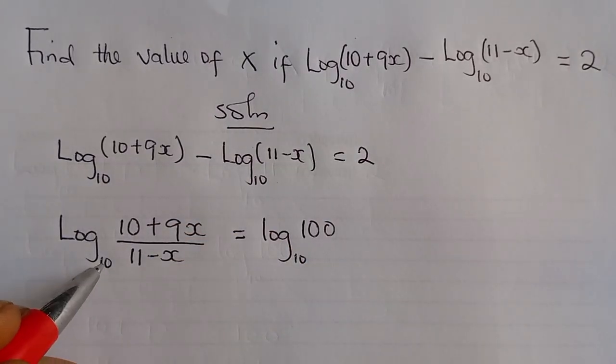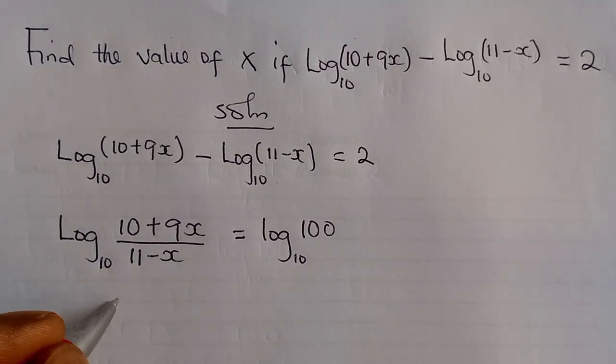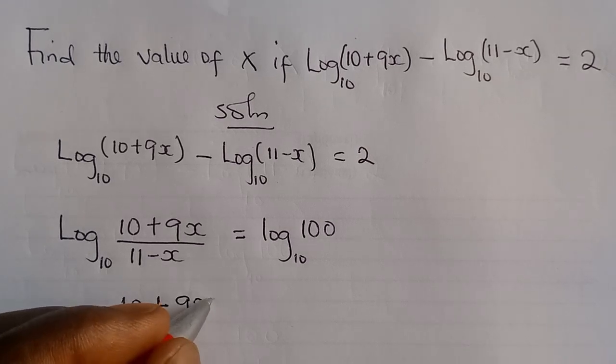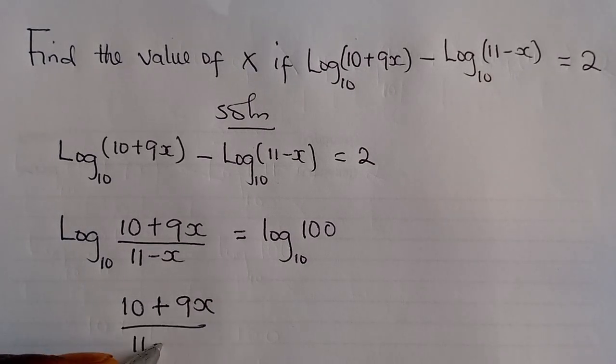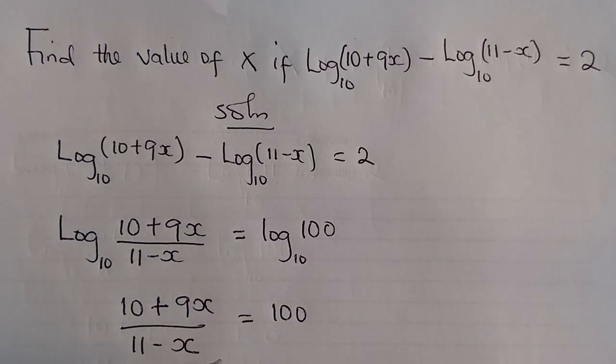So since the bases are the same, we are going to equate the numbers. That is, we have 10 plus 9x divided by 11 minus x, and that is equal to 100.